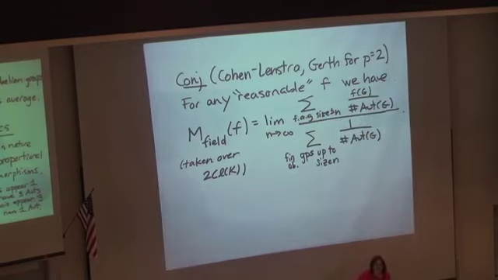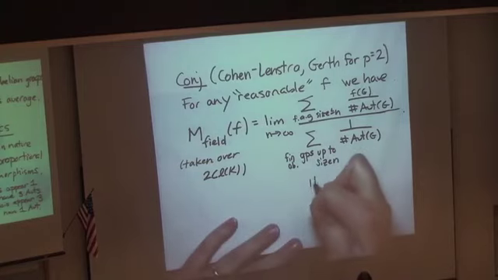So we take groups up to size n, each weighted by their number of automorphisms, and that tells us how to sensibly average our function. We're not going to average our function just by taking its average value on a bunch of groups, because that discounts the fact that groups really don't appear equally often. They should appear inversely proportional to the size of their automorphism group. So I'll call this the group average of f.